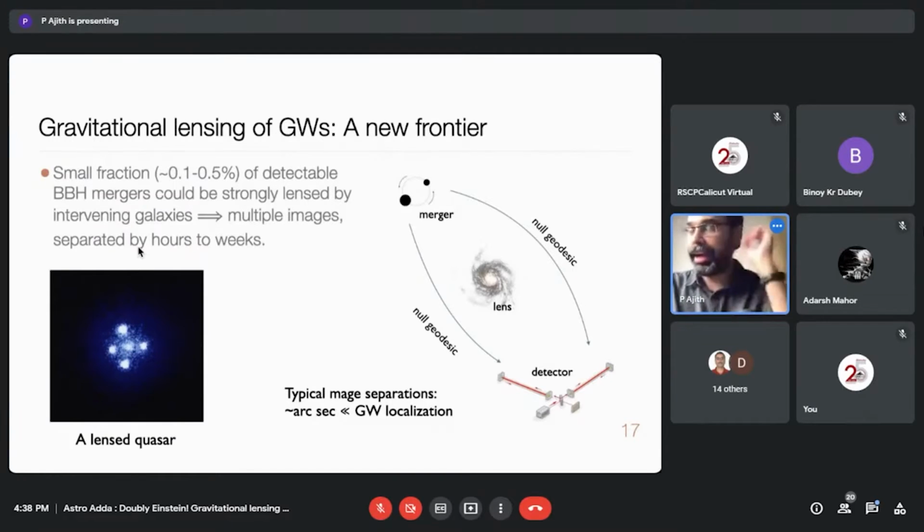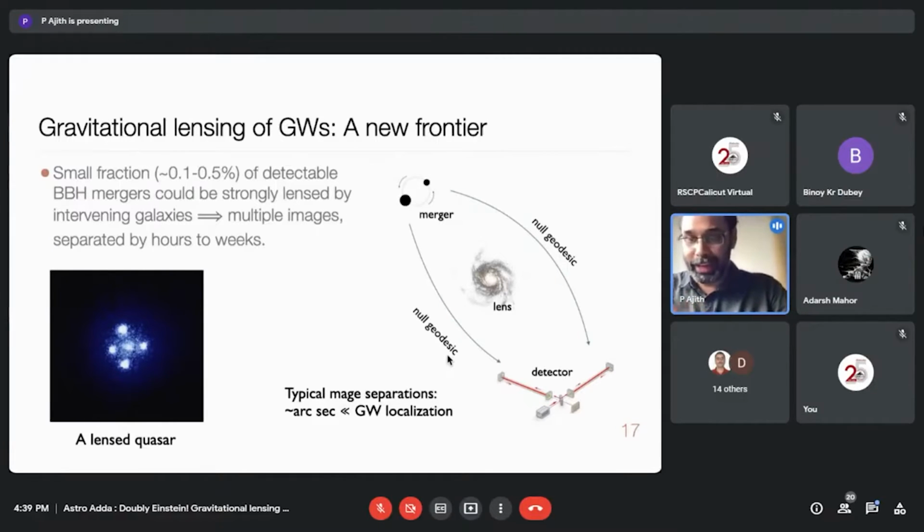And the time it takes for these gravitational signals to reach from the source to detector through these multiple paths can be different. This means that one copy of the signal can arrive at one day, and another copy can arrive minutes or days or weeks after the first signal.